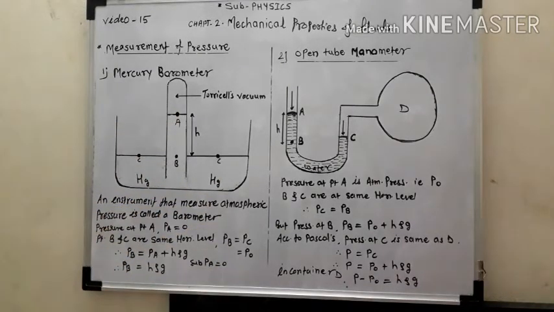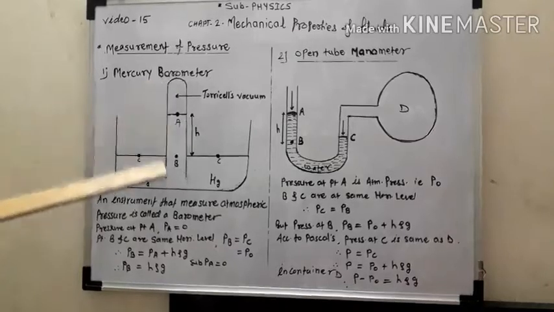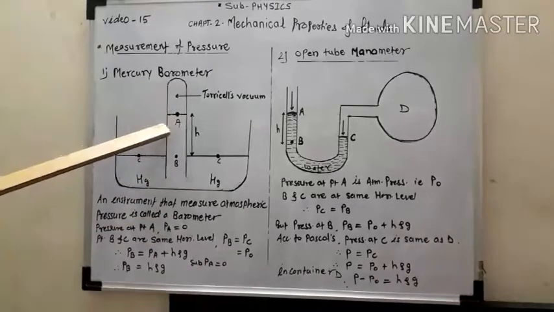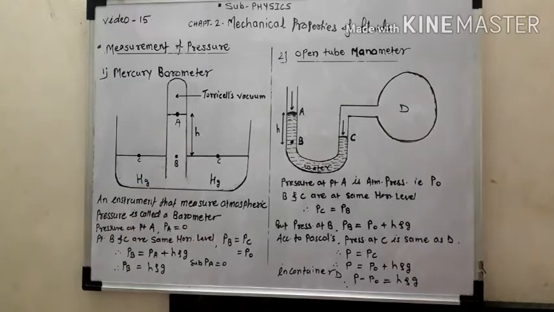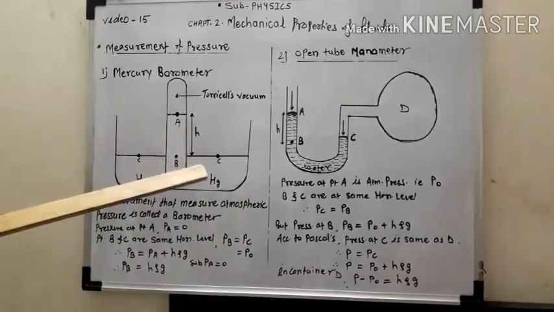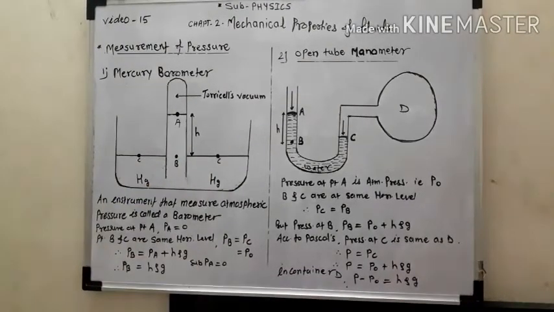As shown in the schematic diagram in the figure, the glass tube is about 1 meter in length and its diameter is just 1 centimeter, and it is filled up to its brim with mercury. The level of the mercury in the glass tube is higher than the mercury in the dish.